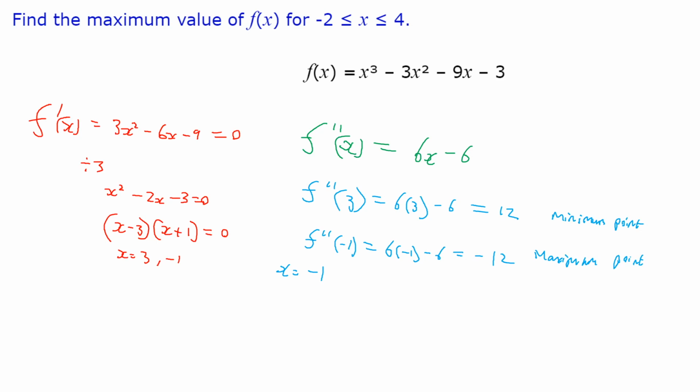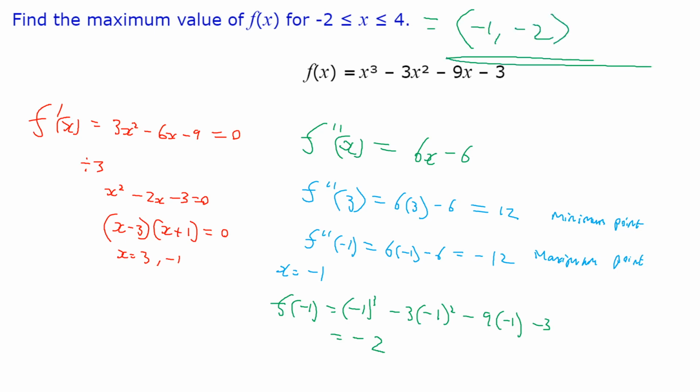Well, the y value is going to be f of minus 1, which is going to be minus 1 cubed minus 3 times minus 1 squared minus 9 times minus 1 minus 3, which is just going to be equal to minus 2. And so therefore we can say that the maximum point is equal to minus 1, minus 2.